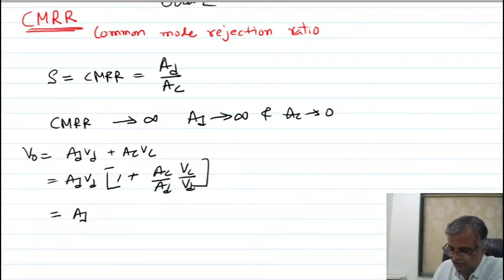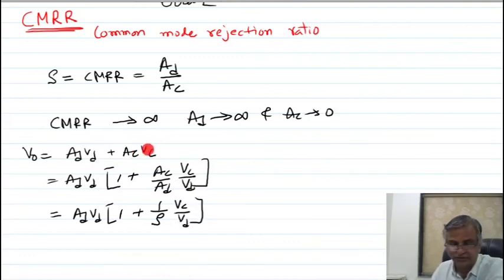This is ADVD times 1 plus 1 upon rho, the CMRR, times VC by VD. See, already I told you this is your error term.